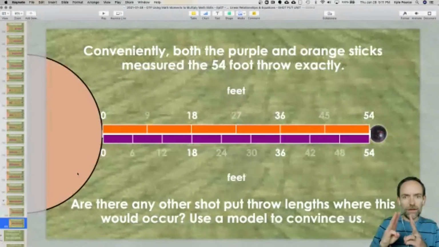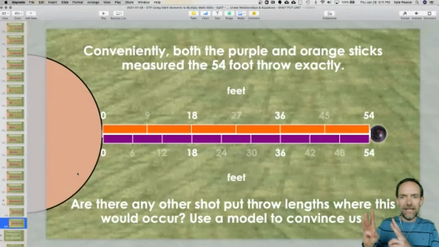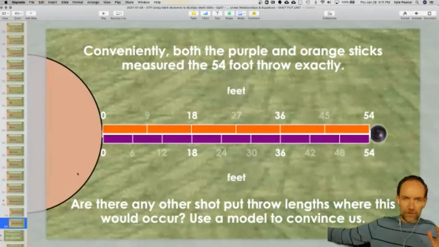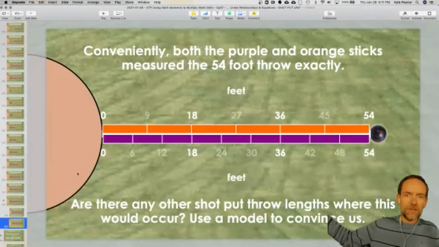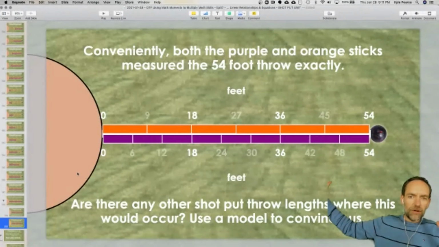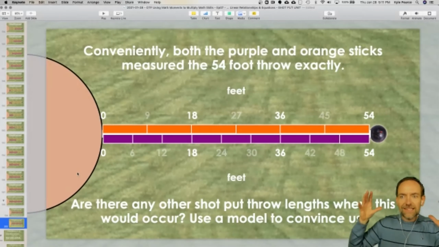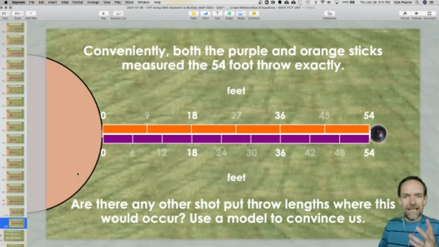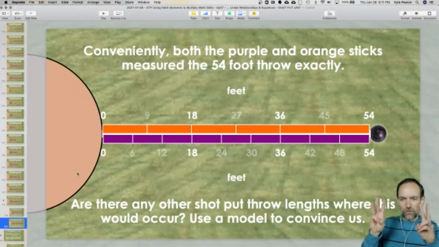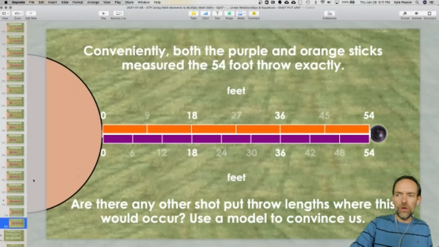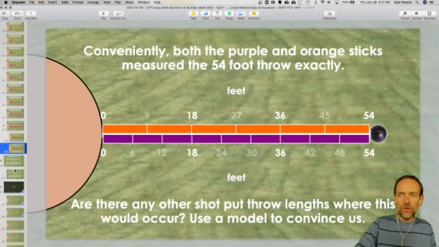It's a 3-to-2 ratio that will continue. Students can come up with an endless number of examples. Of course, at some point, let them stop. But an endless number of examples where these sticks will meet. And you get this idea of common factors coming in and the idea that there's a 3-to-2 ratio going on. That's all day 2.